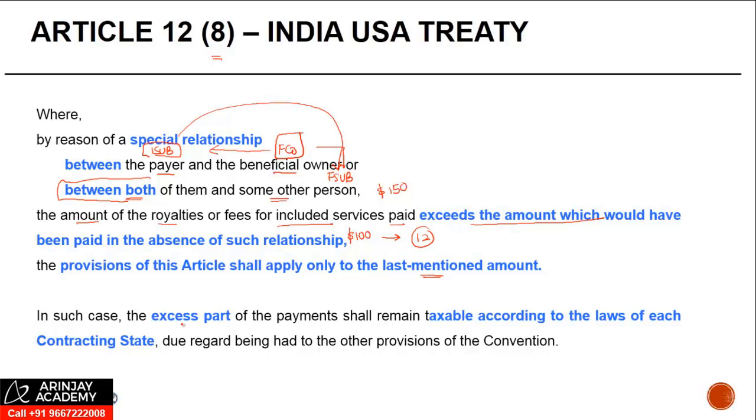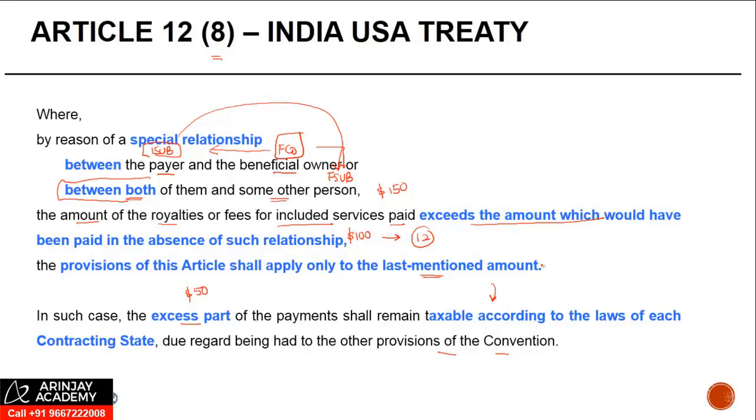In such a case, the excess part, which is $50 of the payment, shall remain taxable according to the laws of each contracting state, which means India has a right to tax this payment according to its own laws, due regard being had to the other provisions of the convention. Which means that when you are making this payment, you have to have regard to other provisions of the convention.